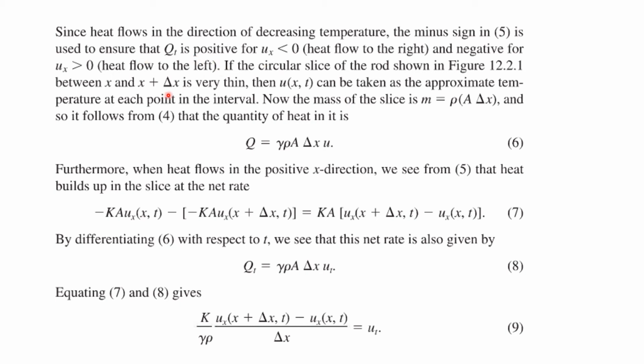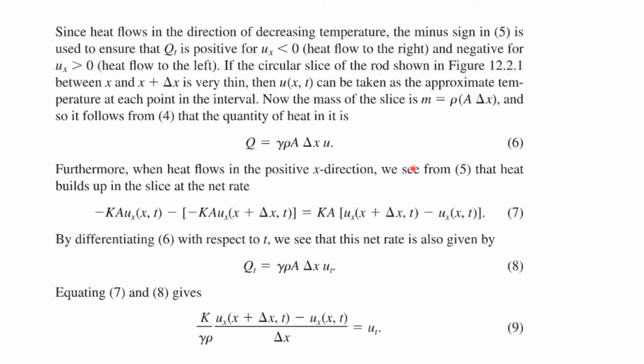And since this rod, little sliver that we're talking about, is very thin, x and x plus delta x, we are taking that u(x,t) is the approximate temperature at each point in that interval. And nature is continuous, so that's not a bad assumption. Now, the mass of the slice is m equals rho, which is the density, times the volume. That's the volume, cross-section times the depth of the cylinder. So what we can do is we can substitute in for mass this, and we get this expression, and we're calling this 6.